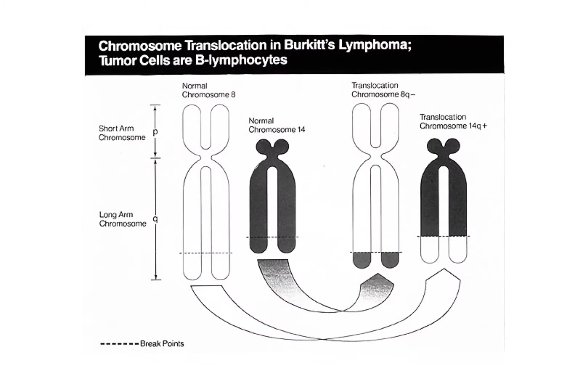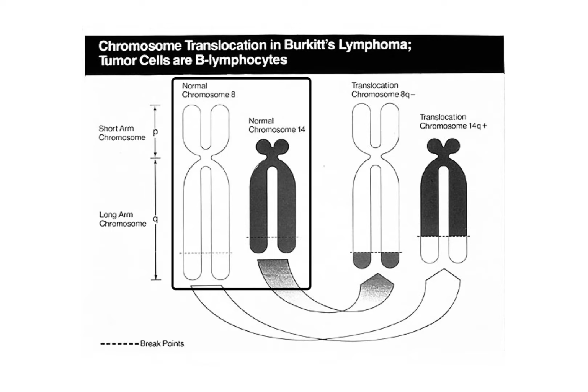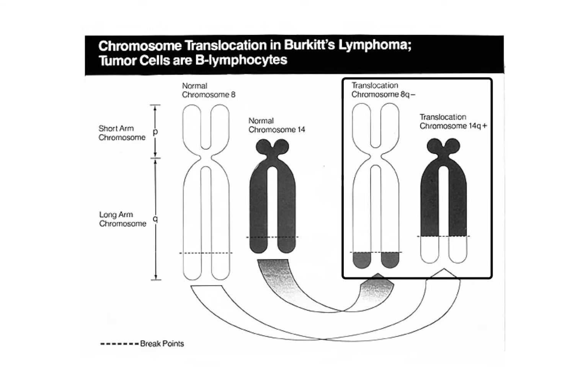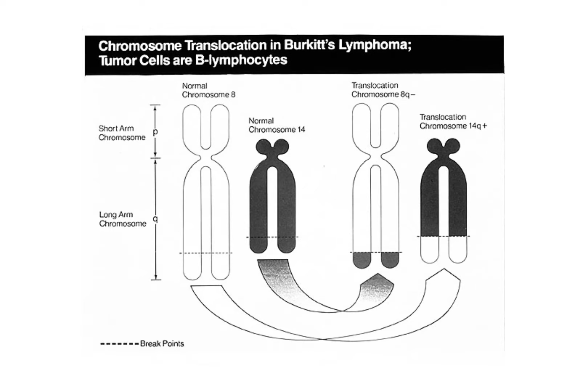So here's one of those. Specifically, this is a chromosomal translocation between chromosome 8 and 14, forming these two novel chromosomes. And that causes Burkitt's lymphoma, which are tumor cells of B lymphocytes.